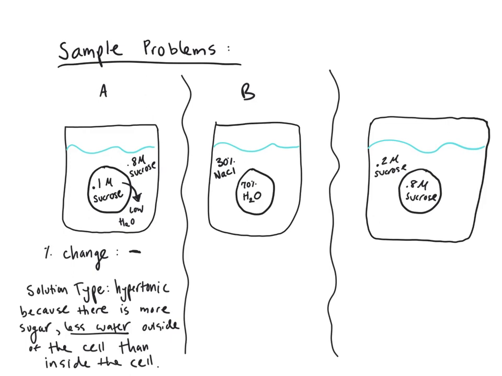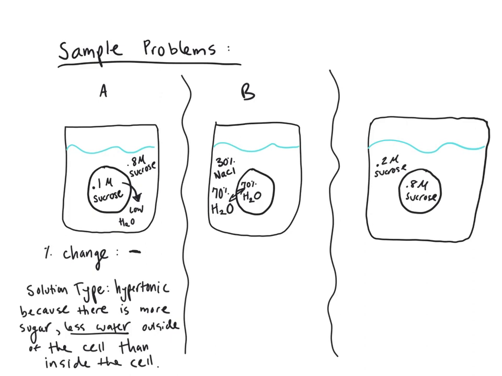For sample B, this particular sample has a 70% water solution inside the cell and a 30% salt solution outside the cell. So if there's 30% salt outside the cell, it's pretty safe to say that that also means there's going to be 70% water, since we're going to assume that whatever isn't salt in this solution is water. So you can see that the water concentration here is actually equal.